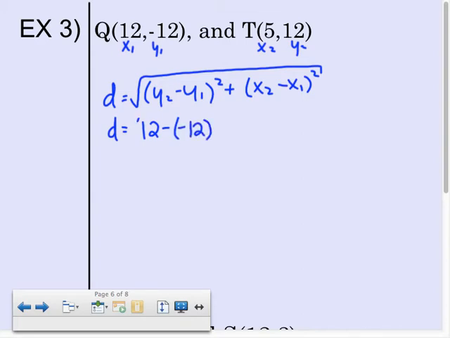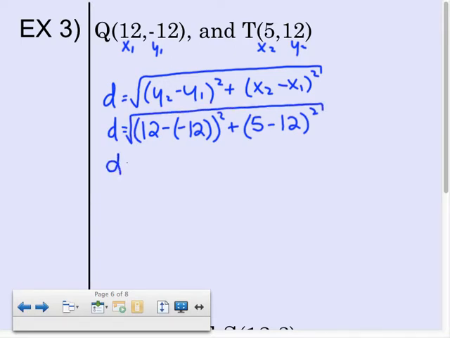Be very careful with those negatives. x2 is 5 minus x1 is 12. And take the square root of the whole thing. Do not forget to write the square root every single step. If you look at the first parentheses, 12 minus a negative 12 is 12 plus 12, so we should get 24 underneath the radical.